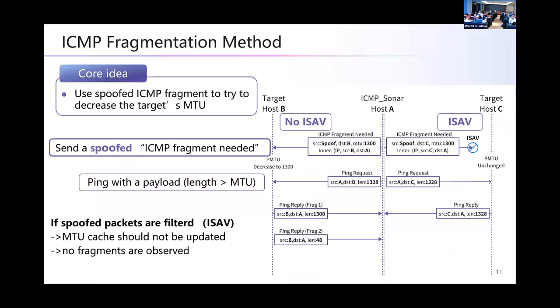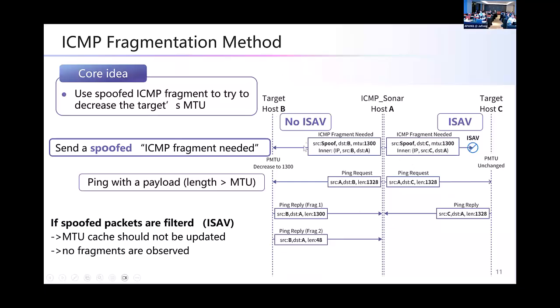The ICMP fragmentation method is similar. First, we send a message to ask to fragment the packet. It may be received or may be filtered, and then we send a normal, larger packet.